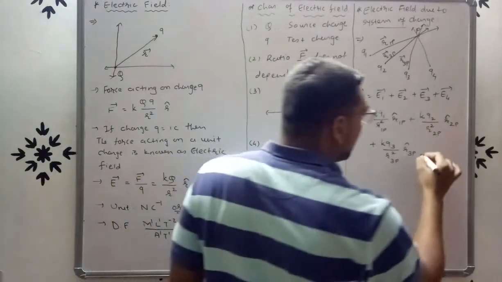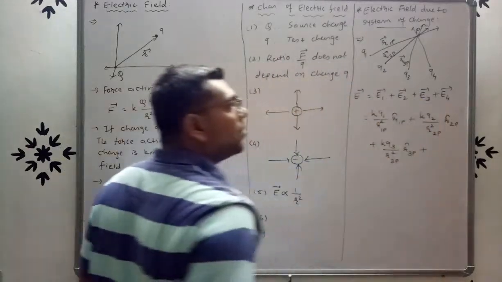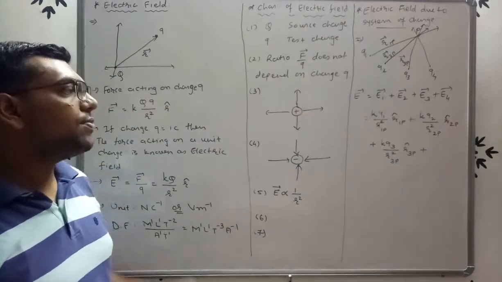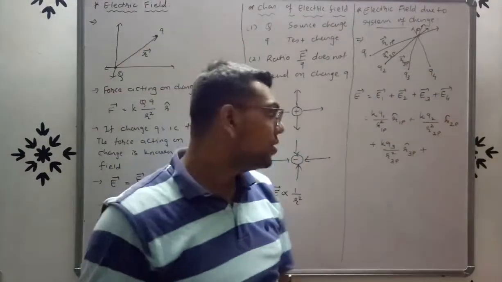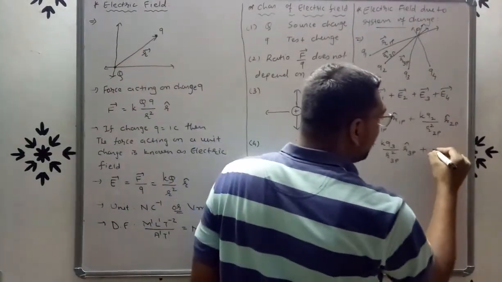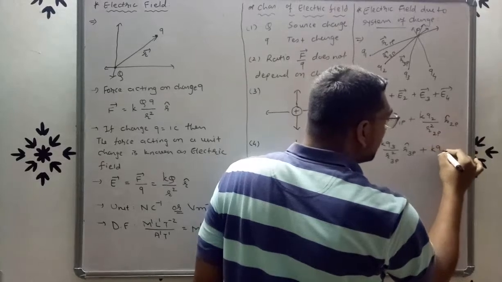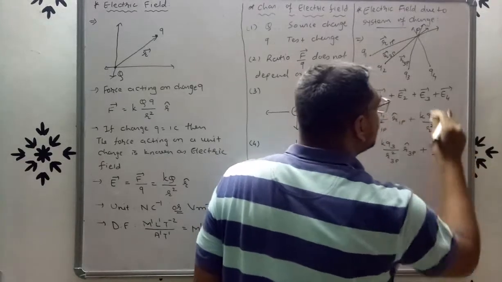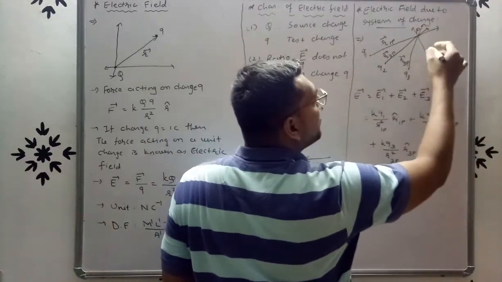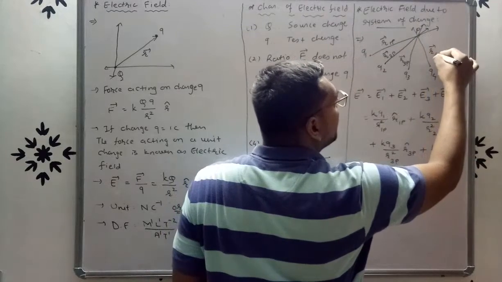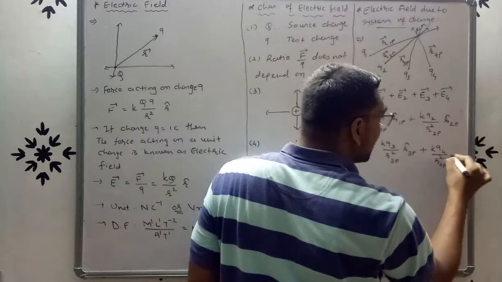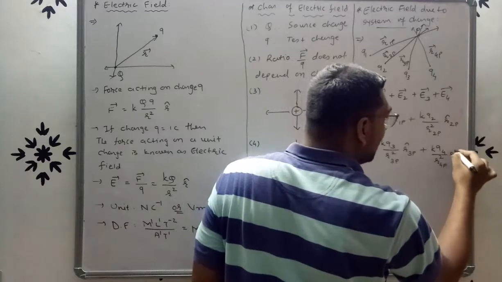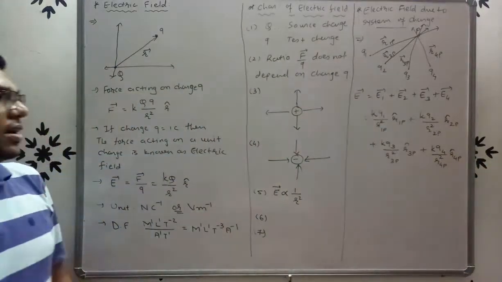Plus E4. Now what is E4? E4 is the electric field due to charge Q4. So the value of E4 is KQ4 upon the distance between charge Q4 and point P, R4P, right? So R4P square, R4P cap, right?